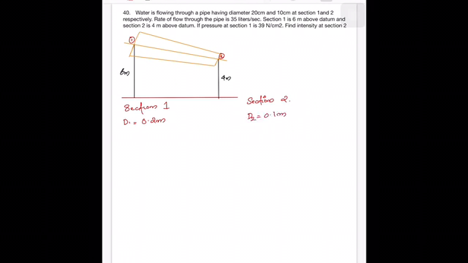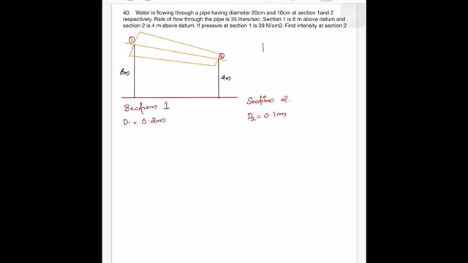So remember to express everything in meters because we are using g, and the value of g is 9.81 meter per second square. If you use the values in centimeter, you will have to convert g into centimeters also. It's better you keep everything in meters. D1, D2. Now we need to find out the pressure at section 2.